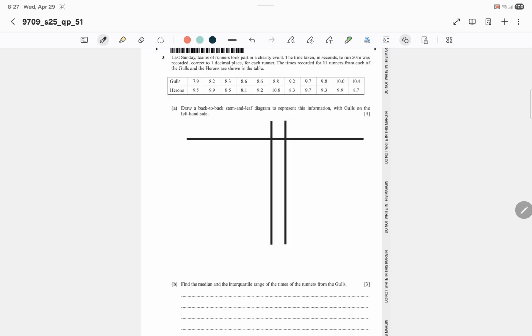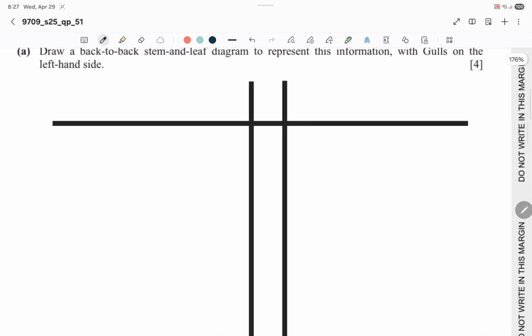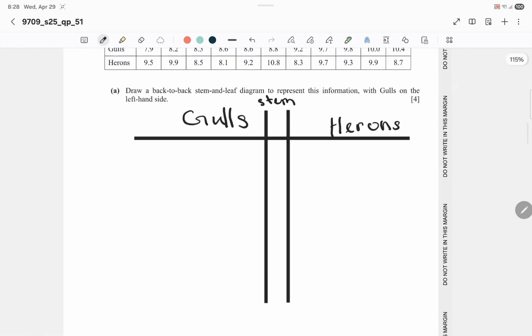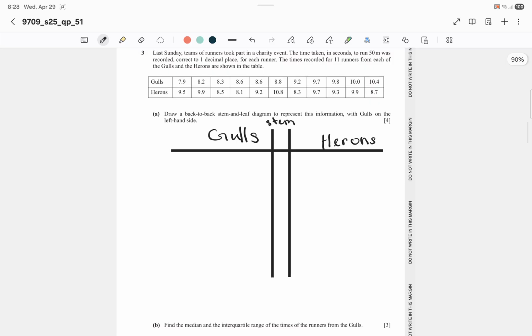Okay, so this is going to be, okay, I made it too big, but stem, this is Herones. It says girls on the left hand side, so girls should be here. Okay, nice. So now we just draw it as such.